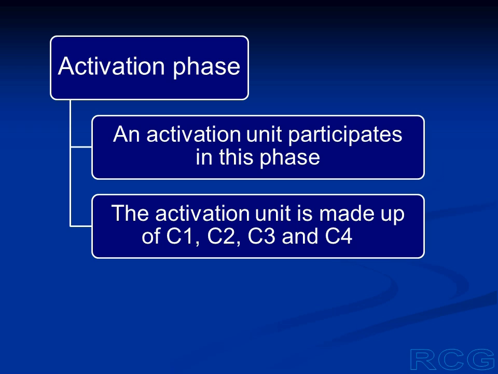The second phase is the activation phase. In this phase, an activation unit is made, and this activation unit participates in this second phase. And the activation unit is made up of four complement components C1, C2, C3, and C4.